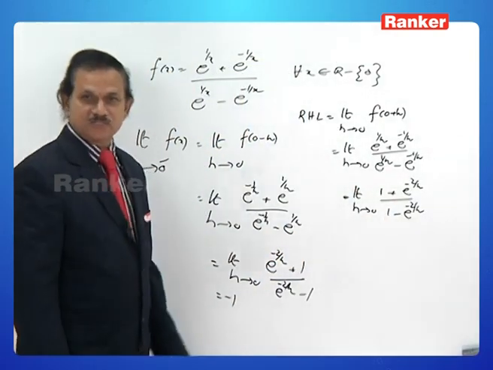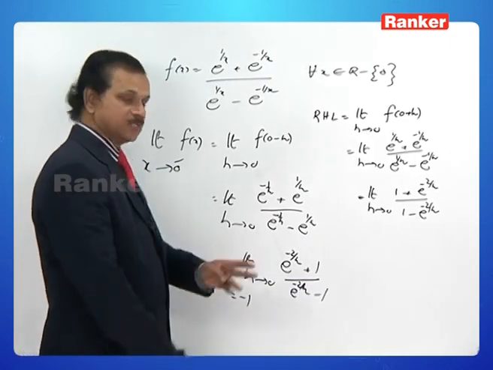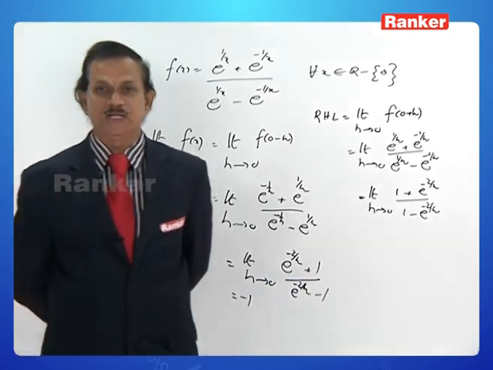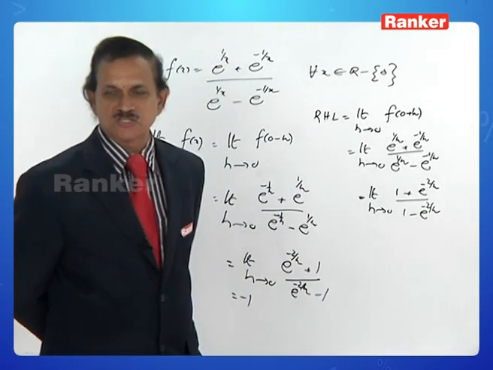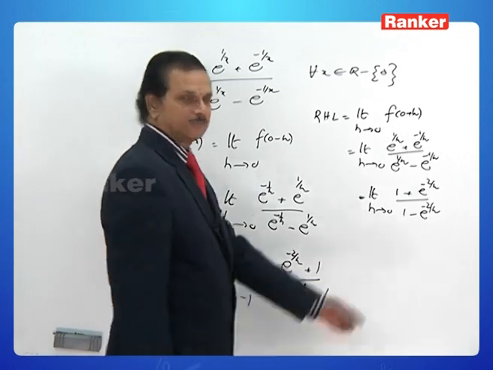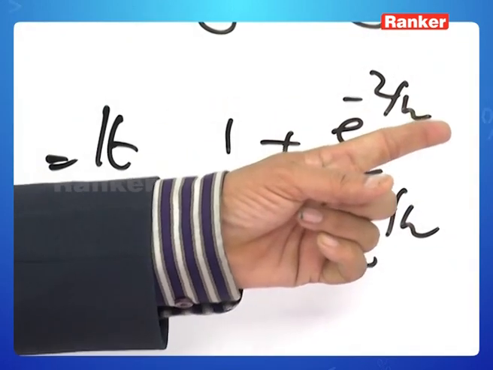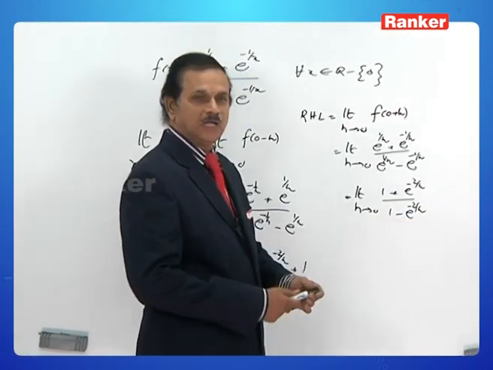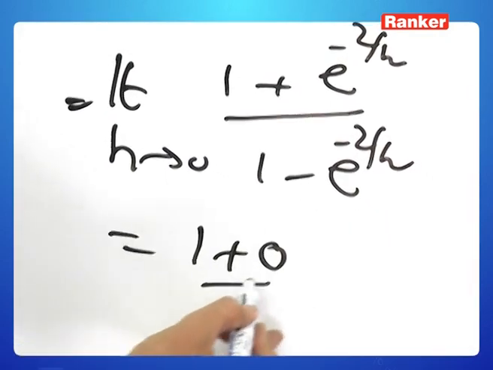In the previous discussion, while calculating this limit, we could have understood and believed that e power -1 by h tends to 0 as h tends to 0. Therefore, this part e power -2 by h tends to 0, this part also 0, and thereby you will be getting this as 1 plus 0 by 1 minus 0.